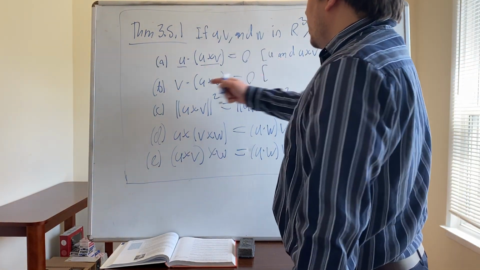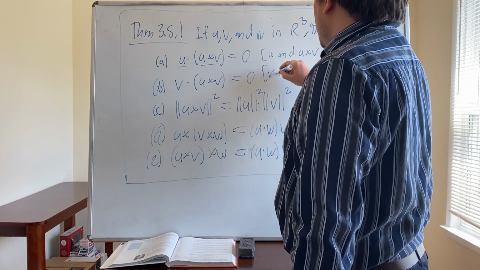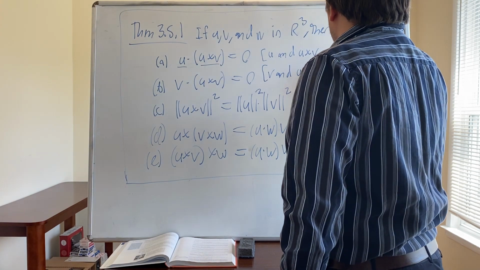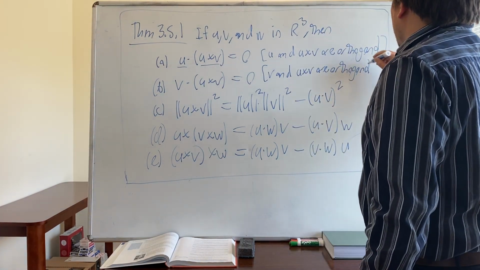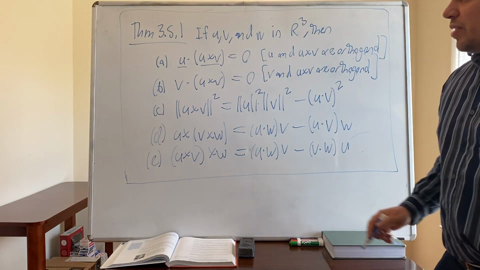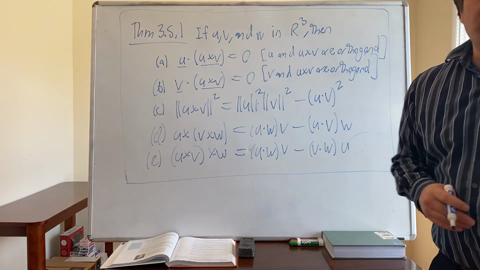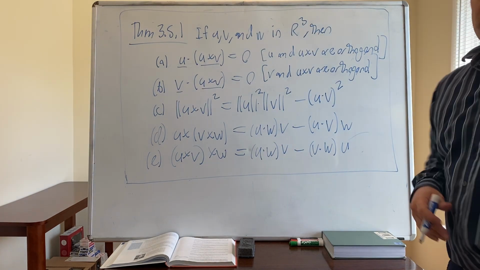It's also telling you in B that v and u cross v are orthogonal. Because the dot product of the vector v and the vector u cross v is 0, you can say v and u cross v are also orthogonal or perpendicular.